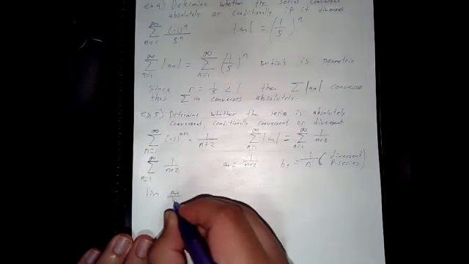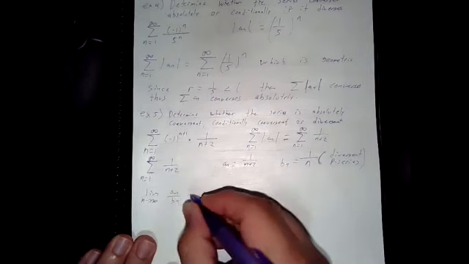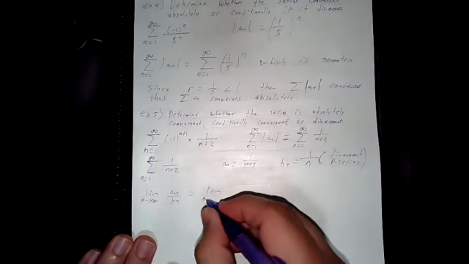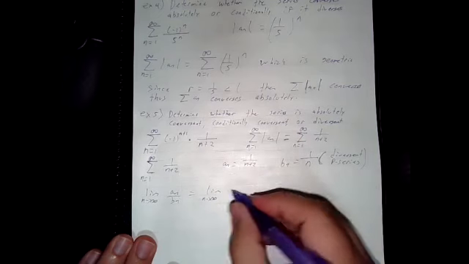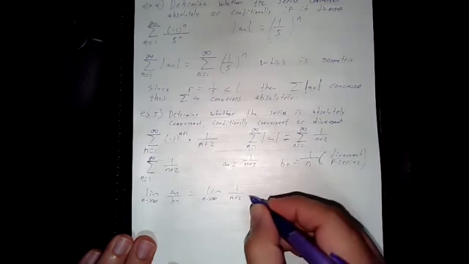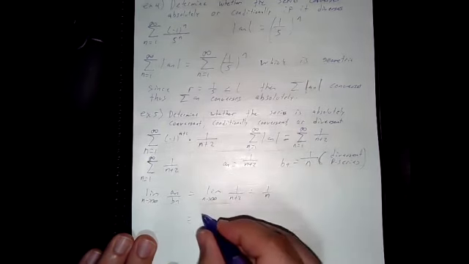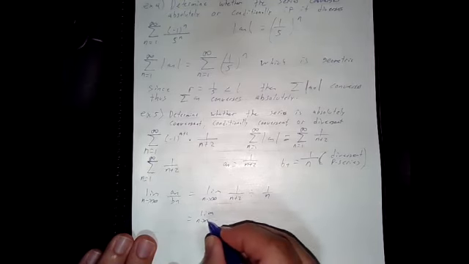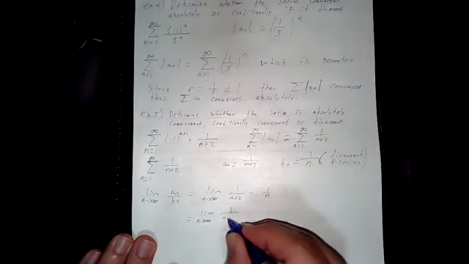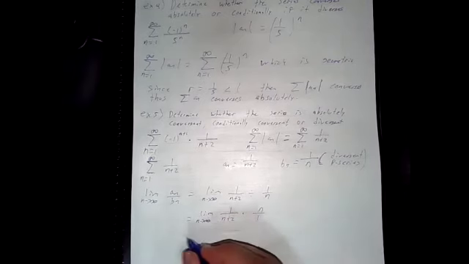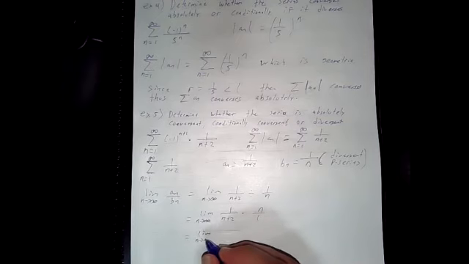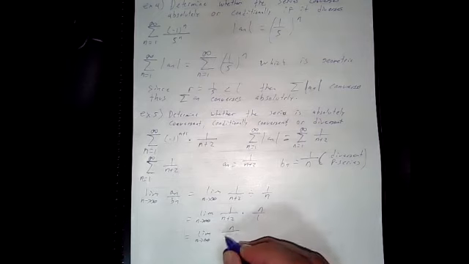Then we have the limit of a sub n over b sub n, which would then give us what?